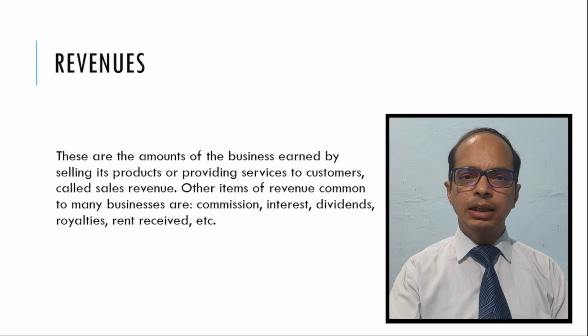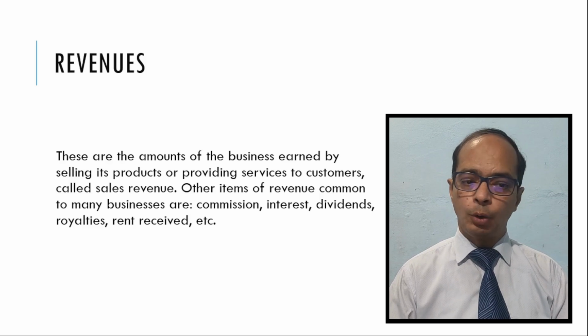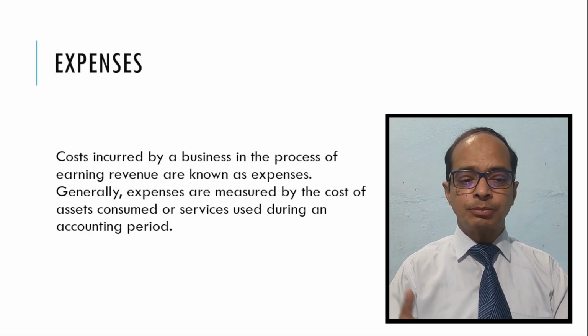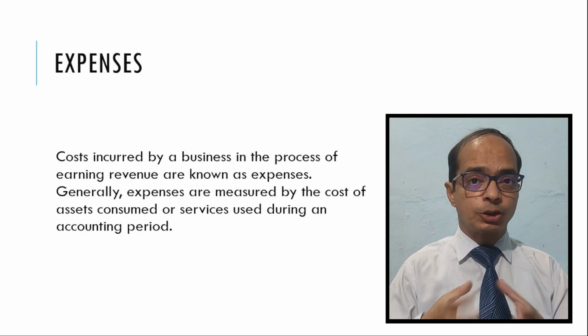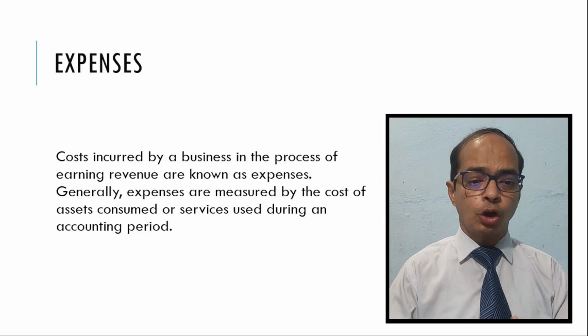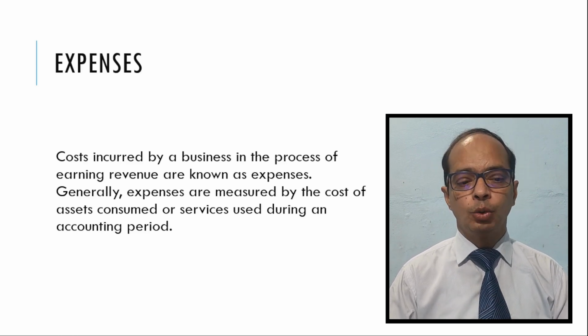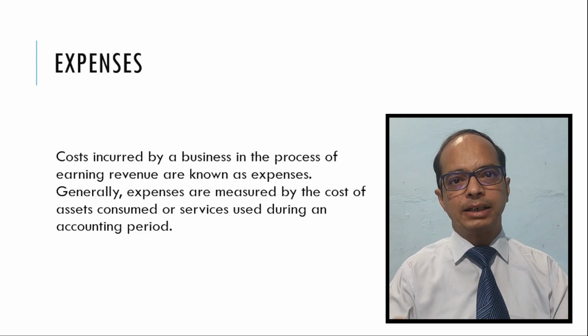And if we are earning an amount, for earning it we are spending some amount also. We are getting some services also. We are consuming assets also. The cost of assets consumed or services used during the year is known as expenses. Meaning in the process of earning revenue, we have to spend some amount.